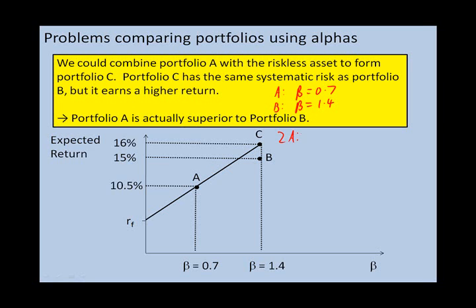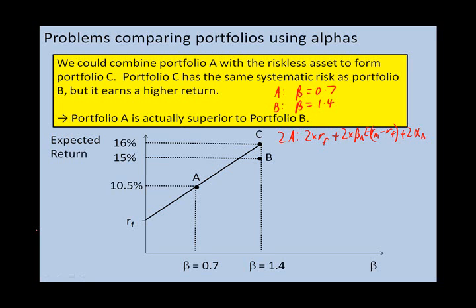What is 2A? 2A is going to be equal to 2 times the risk-free rate plus 2 times the beta for Portfolio A, all times the expected market risk premium, plus 2 times the alpha for Portfolio A. Now that's the return on doubling our investment in Portfolio A by borrowing money.